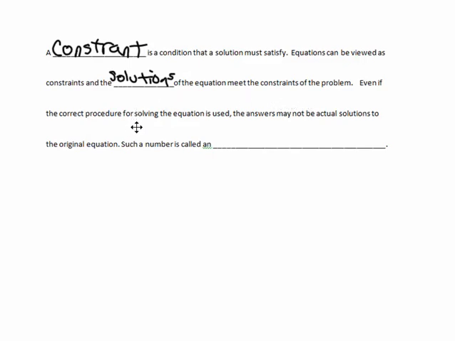Even if the correct procedure for solving the equation is used, the answer may not be actual solutions to the original equation. Such a number is called an extraneous solution.